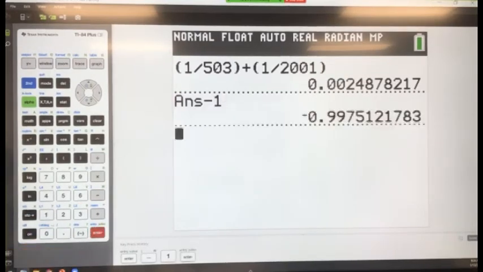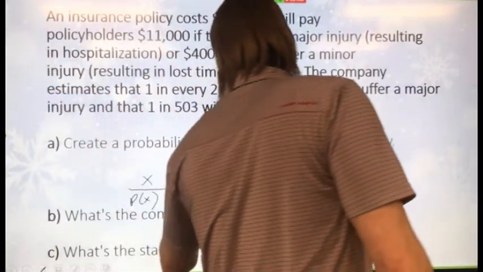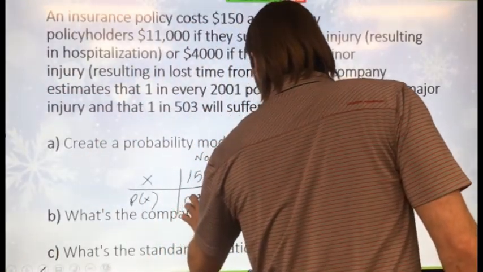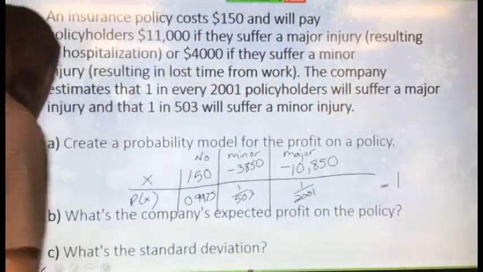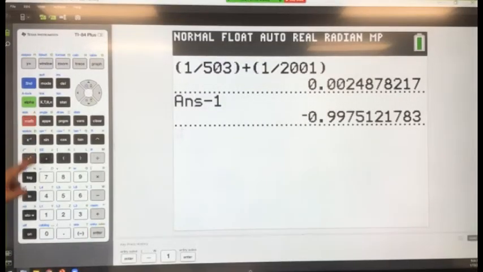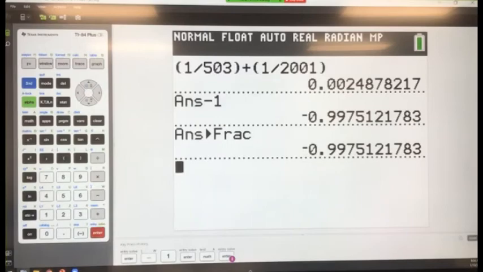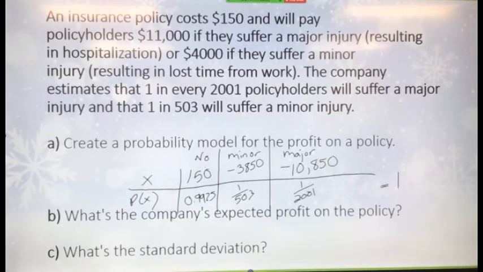Minus 1 gives me a probability of 0.9975. I'll stick with that. 0.9975. So everybody see how I got the no injury? That one unknown. But I do note that the whole thing should equal to 1. So add these together, subtract from 1. There is my probability of unknown.